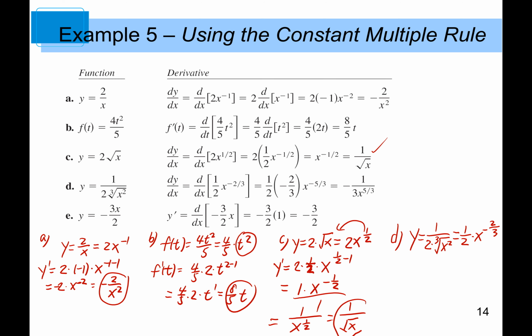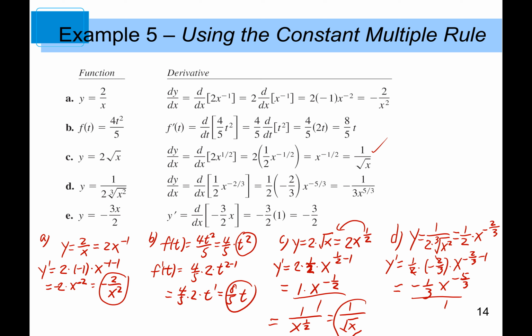After that, you can apply the power rule, constant multiple rule. So it's half times negative 2/3 times x to the negative 2/3 minus 1. So half times negative 2/3 becomes negative 1/3. The 2 got cancelled. Becomes negative 1/3 x to the negative 5 over 3.